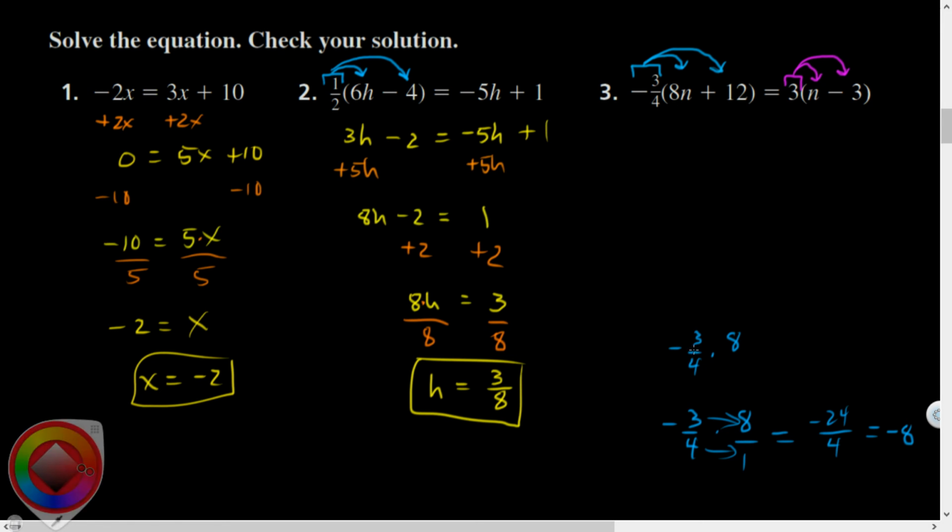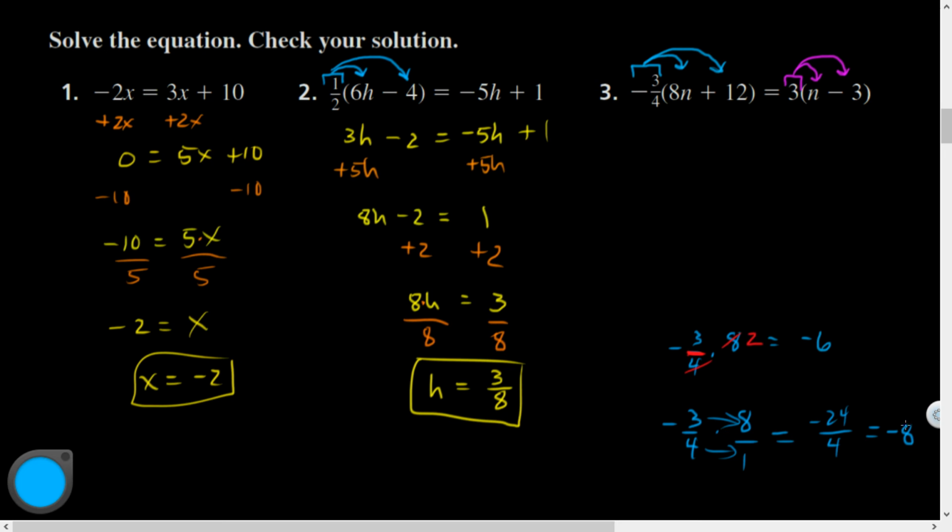So if I do 8 divided by 4 first, what is 8 divided by 4? 2, right? So 8 divided by 4 is 2. And now I'm going to do -3 times 2.